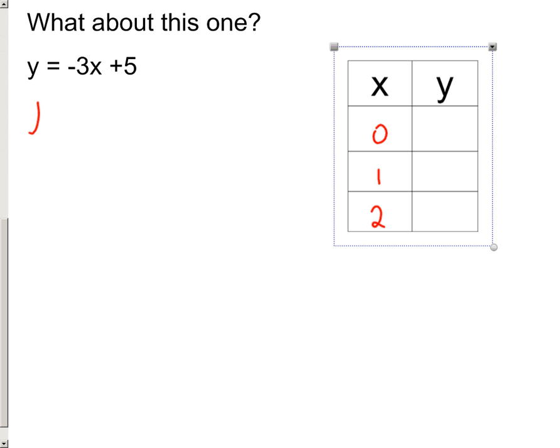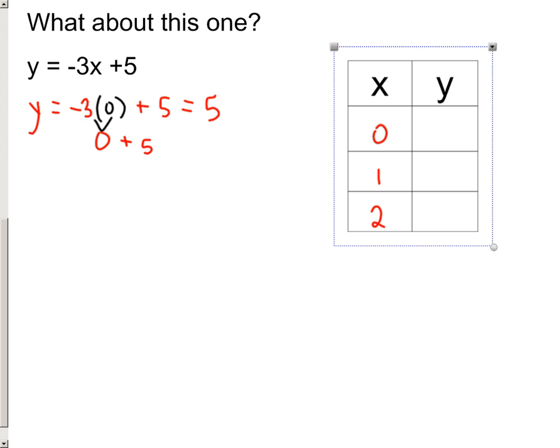Y equals -3 times the x value, plus 5. This time we're saying x is 0, so let's plug a 0 right in here. -3 times 0 is 0, and 0 plus 5 is 5.